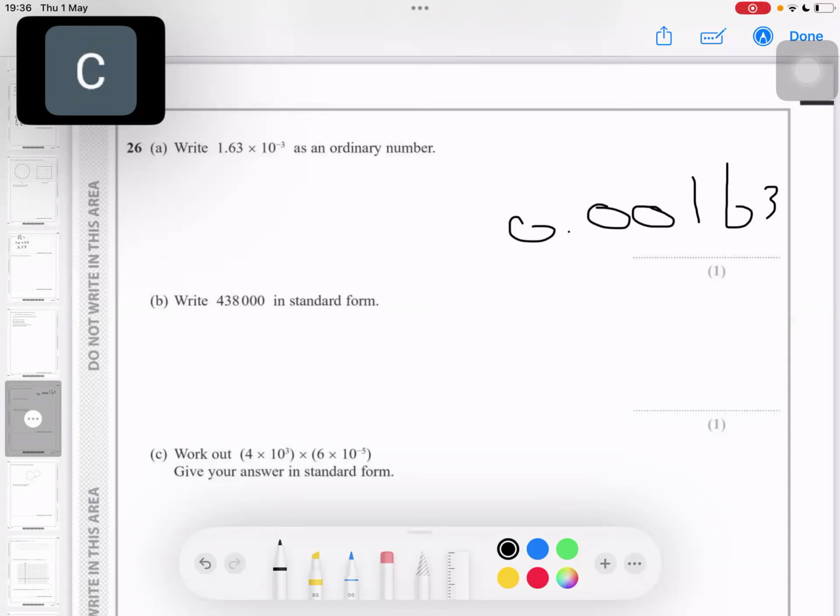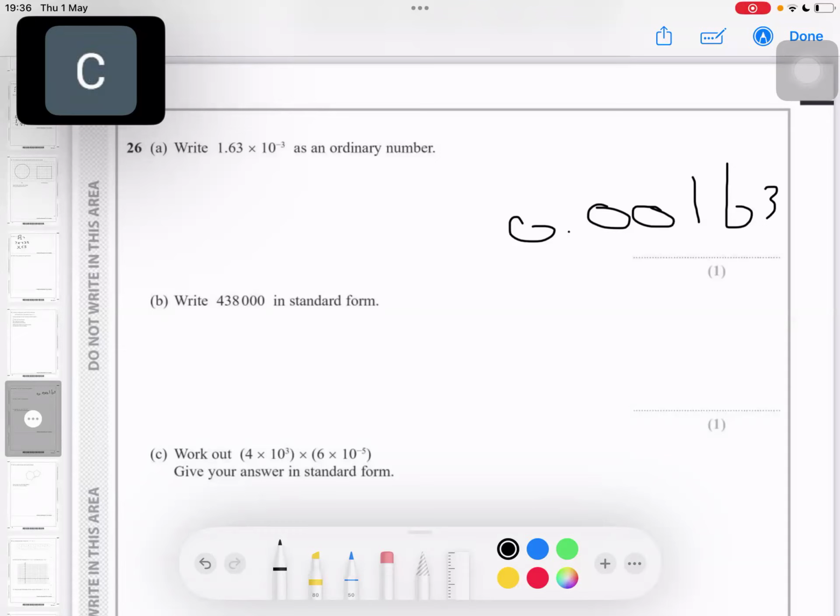Okay, so what is the next thing we have there? I have 4 times 10 raised to power 3 times 6 times 10 raised to power minus 5. It says you should give your answer in standard form.